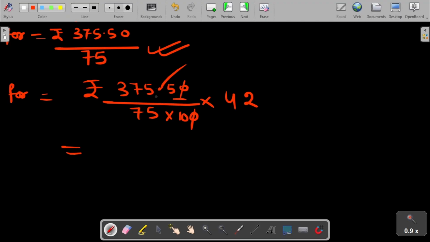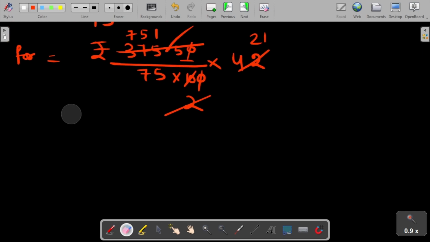So try to divide with 5. So 5 multiplied with 7, 35. So 5 ones are 5, 5 twos are 10, next 2 multiplied with 21. So this is equal to 42. Okay, so from here what is the remaining?